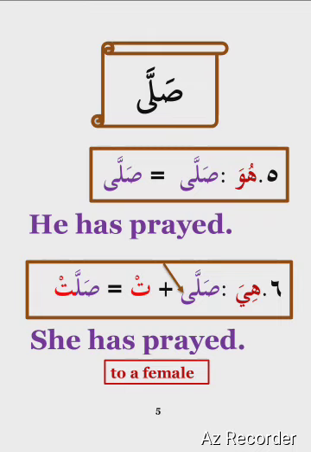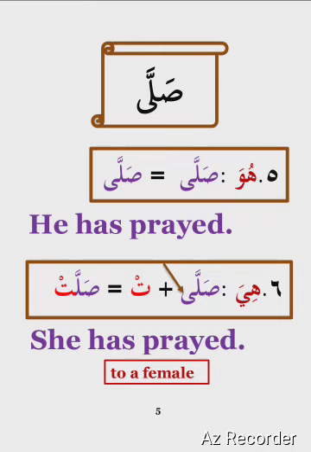Sallat, she has prayed. So how do you ask the question? Has she prayed? Hal sallat, has Zainab prayed? Hal sallat Zainab. That means, has Zainab prayed? Now the response. Na'am sallat. Yes, she has prayed.